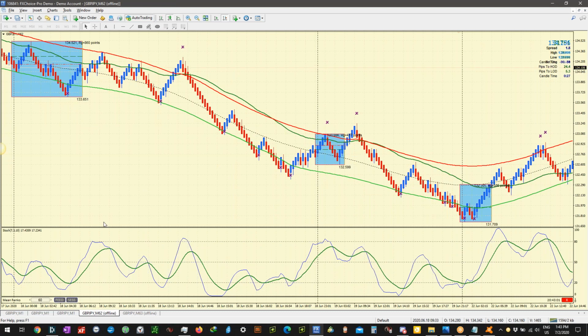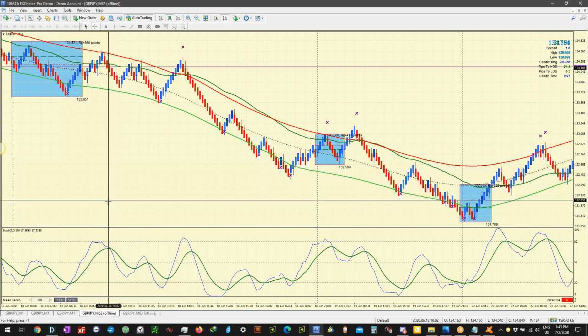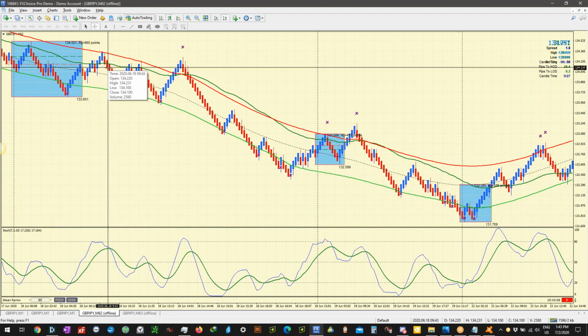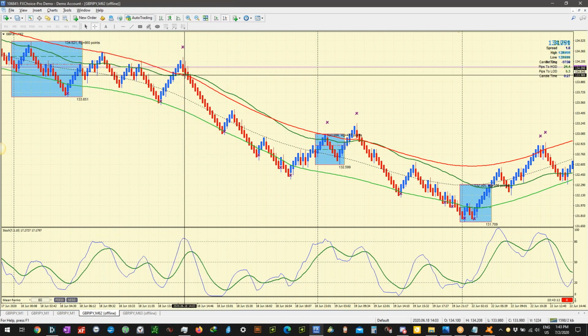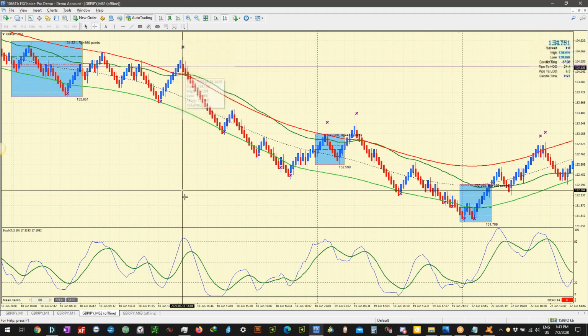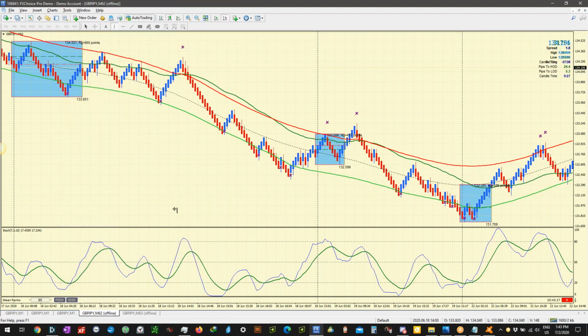So where's the setup? Well, you can argue this is a setup, but I don't know, kind of weak. This is a setup right here. You got the star, got the price piercing, got the price below, you have the cross of the stochastics.